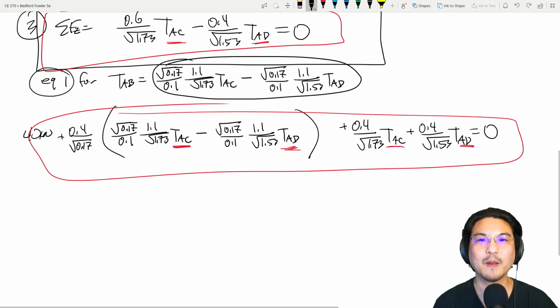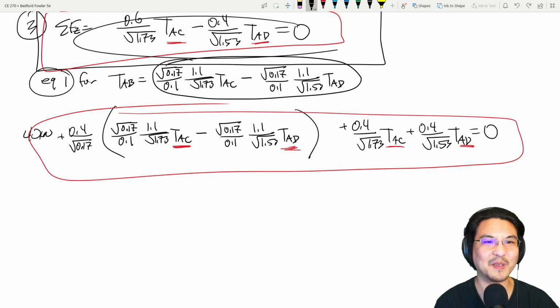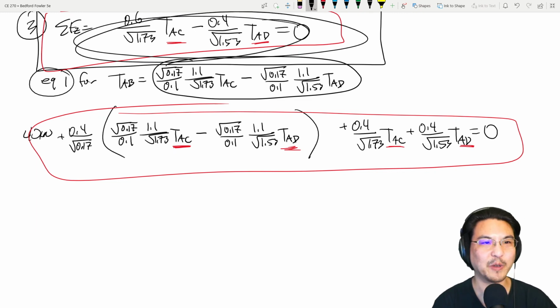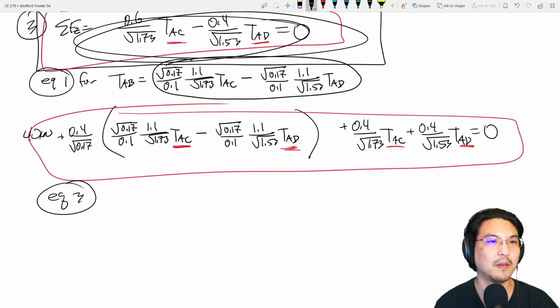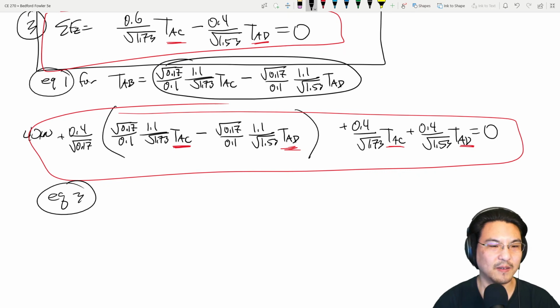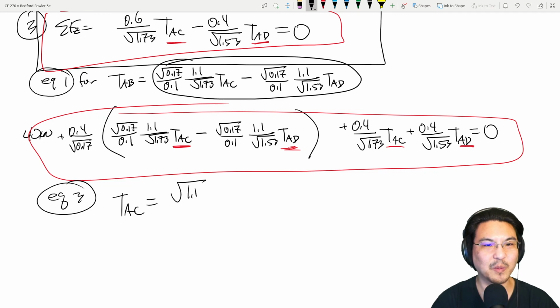You could, for example, take equation 3 and solve for TAC. TAC equals root 1.73 over 0.6 times 0.4 over root 1.53 TAD.